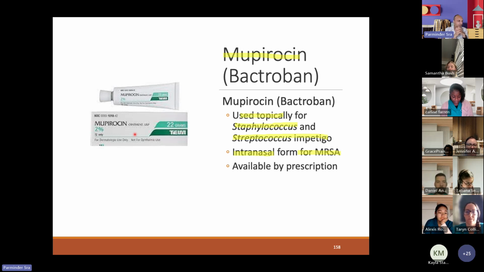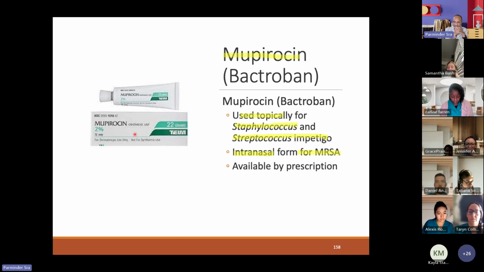Now, one more thing which is really important to know about mupirocin, Bactroban. There is an intranasal form for this drug, and the intranasal form of Bactroban is used to treat nasal colonization by MRSA. Okay, so these are two different indications, and they're both important.